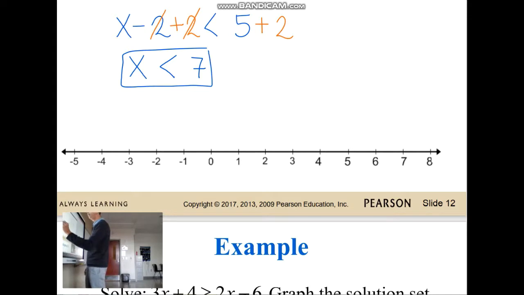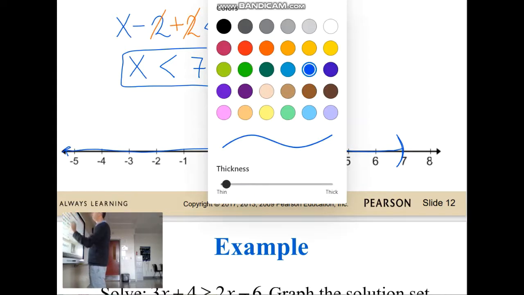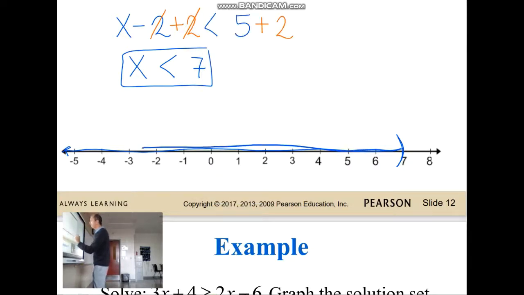Find 7 right here, and everything that's less than 7 is included, all the way to negative infinity.